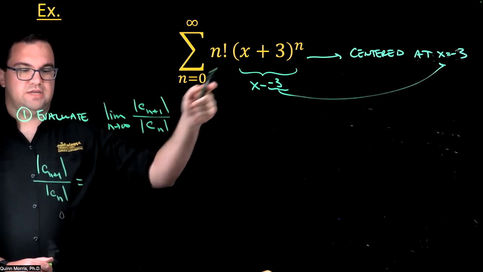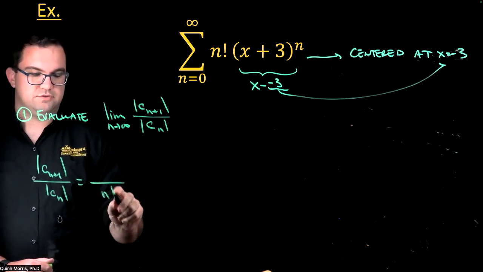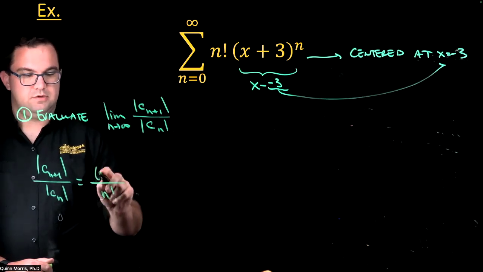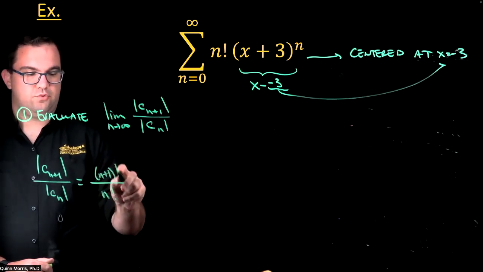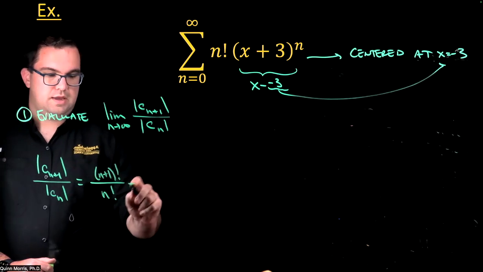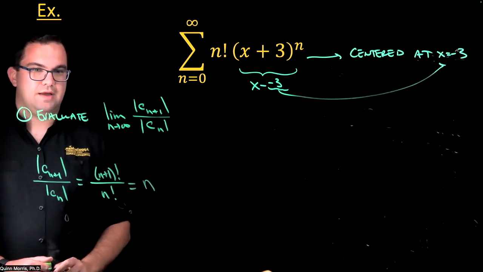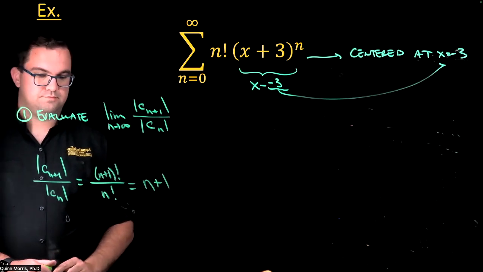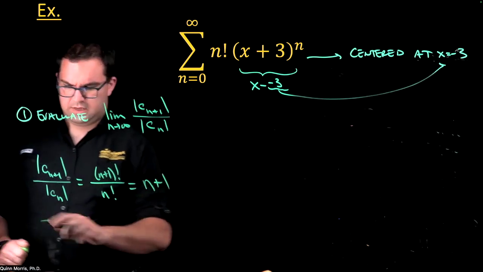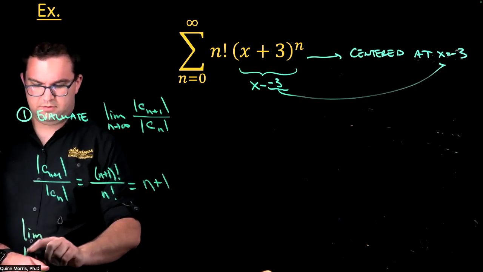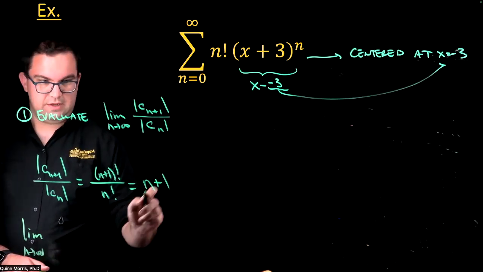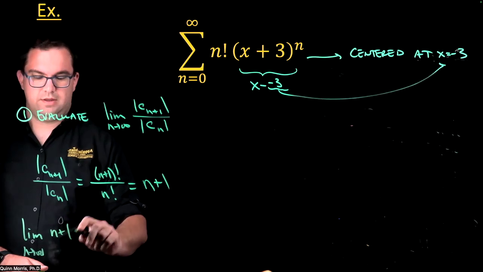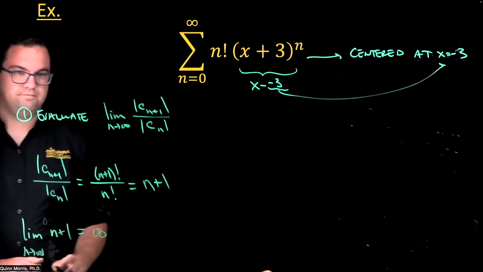My nth coefficient here is just n factorial. Well, that's always positive, so I can drop the absolute values. So this will be n plus 1 factorial over n factorial, and this will actually just simplify to n plus 1. So now I really just need to take the limit as n goes to infinity of this ratio, which is just n plus 1, but that limit is infinite.